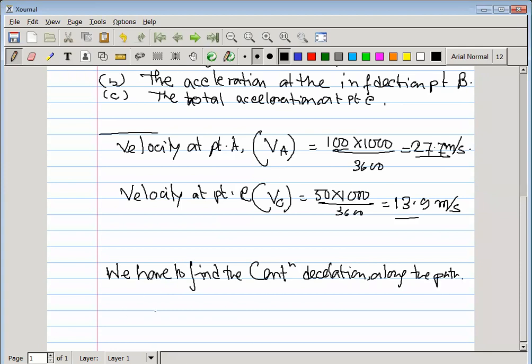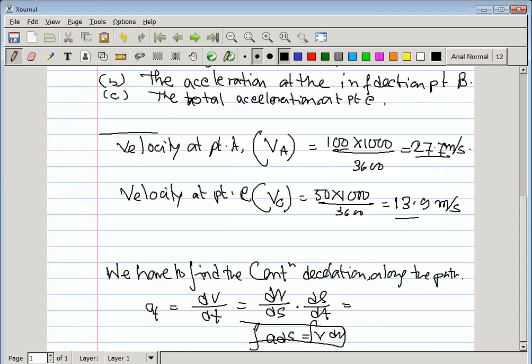What we have to do now: this is nothing but the velocity with respect to time derivative, and time derivative is the displacement, ds by dt. So we can write this as integration of a ds is equal to v dv.